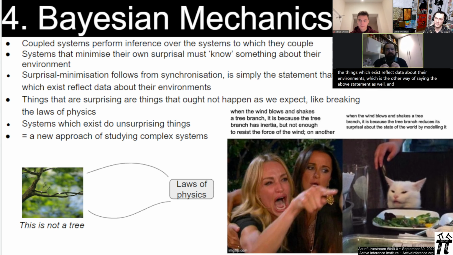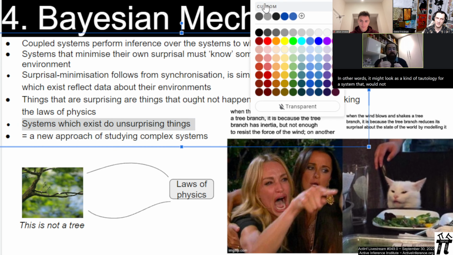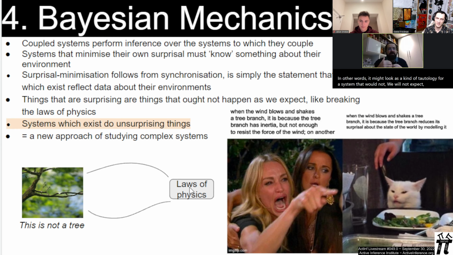And also, things that are surprising are things that ought not happen as we expect, like breaking the laws of physics. In other words, it might look like a kind of tautology that we will not expect a system to behave in a very surprising way, in other words, to behave in a way that does not obey the laws of physics.